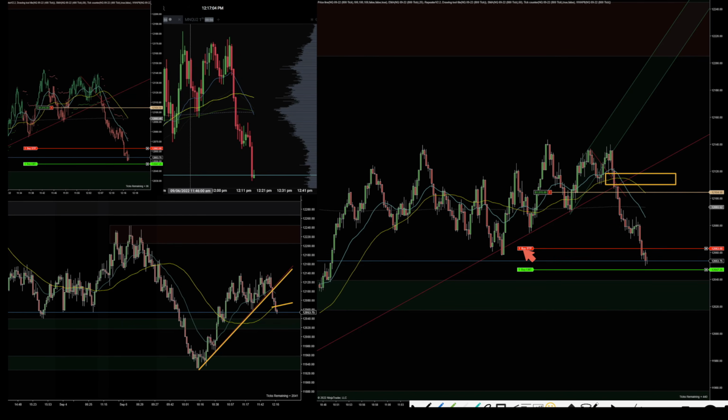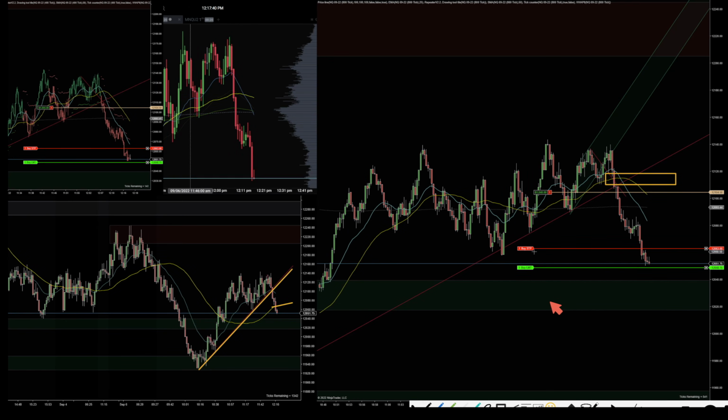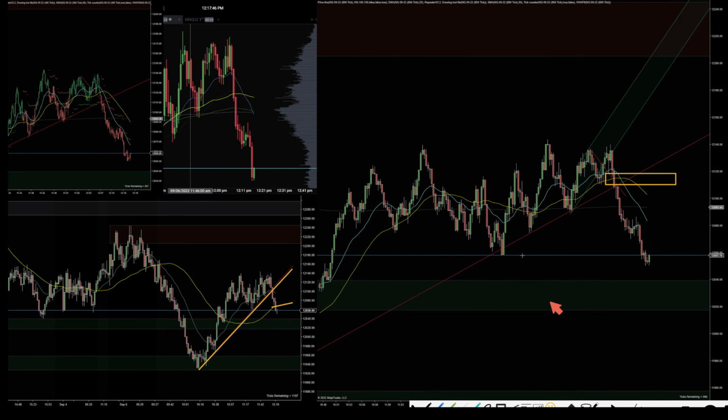Lower my stop loss entry here. Stop filled. Yeah, and stopped me out there.